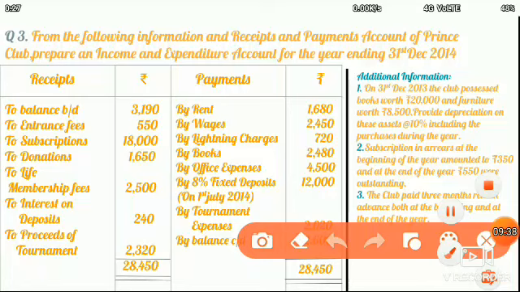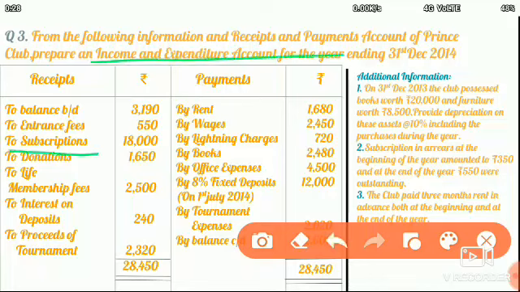We will start from the receipt side. I will show the items which require adjustment first, then we will take the other accounts which do not have adjustments. Starting from the receipt side, the first item which requires adjustment is subscription. When we take subscription in our income and expenditure account, towards our income side, we will write by subscription as 18,000.